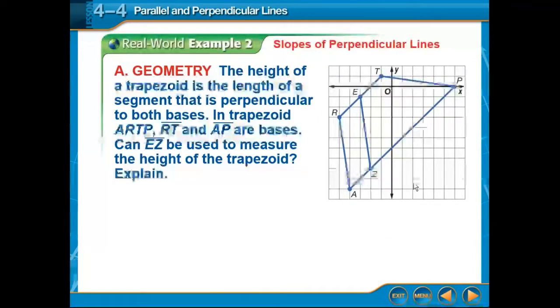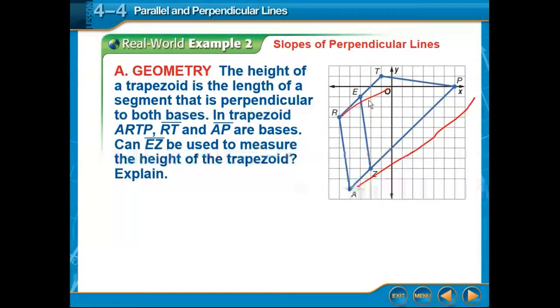Okay, the next question. The height of the trapezoid is the length of a segment that is perpendicular to both bases. In trapezoid ARTP, RT and AP are bases.